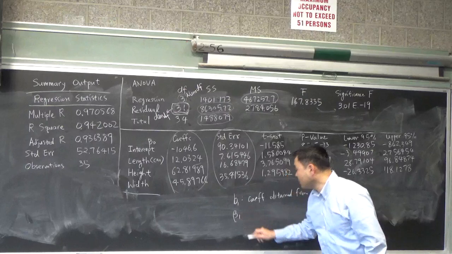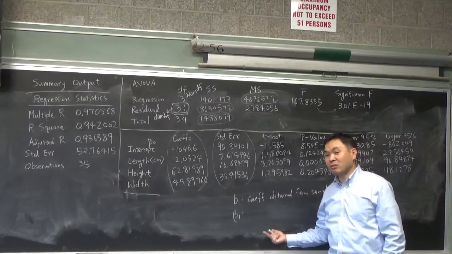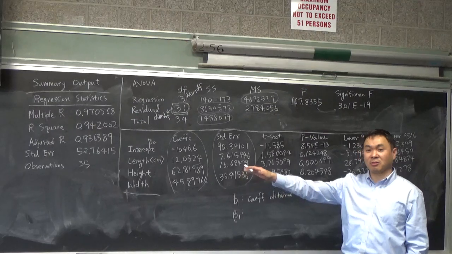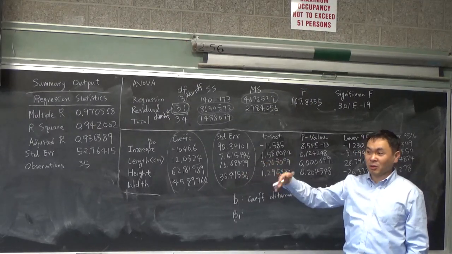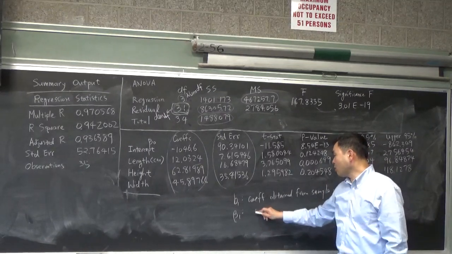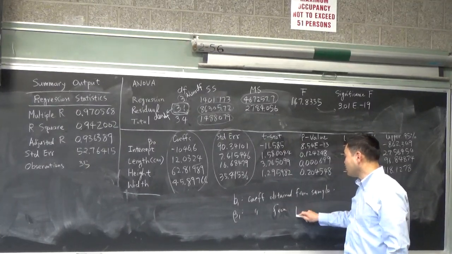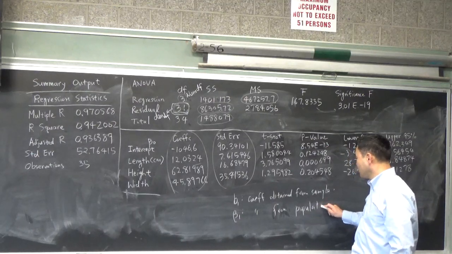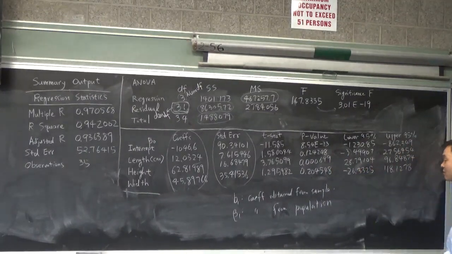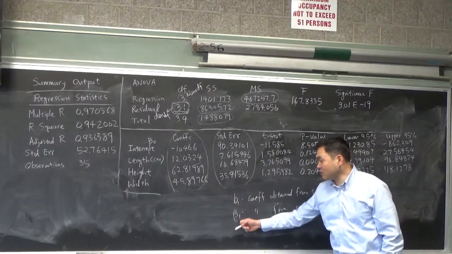Whereas beta 1 is the questionable actual coefficient that you would have gotten if you were able to capture all the bream fish on the earth, and you measure them, you weigh them, and that value would be beta 1, which we don't have access to. Okay, so coefficient from population. Now there's no way we can catch all the fish, so beta 1 is something that we don't have access to. But we can still talk about the confidence interval for beta 1.